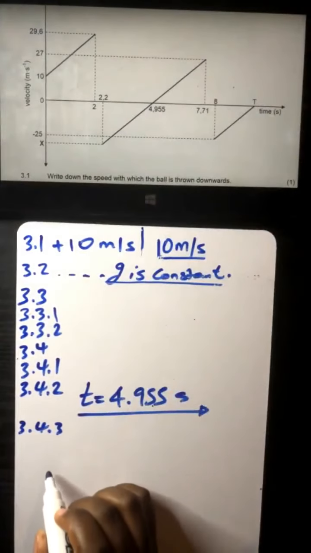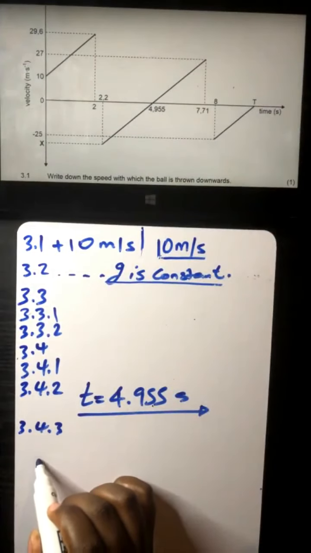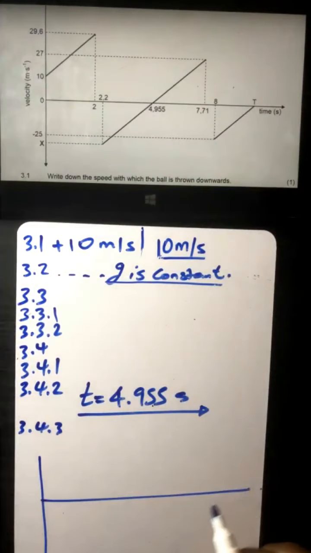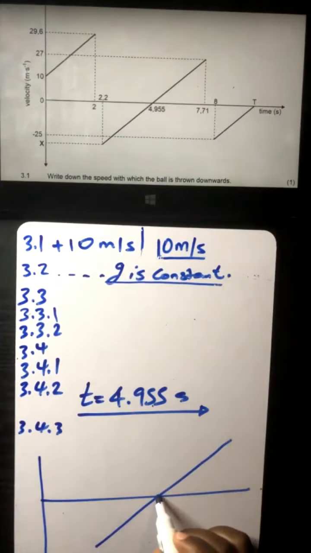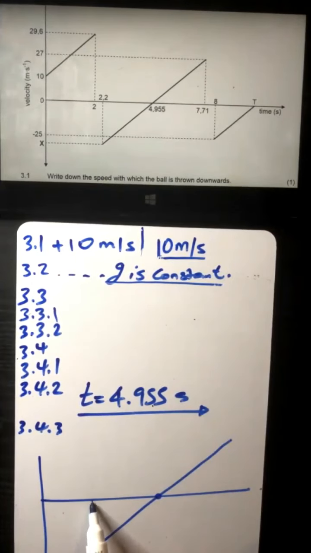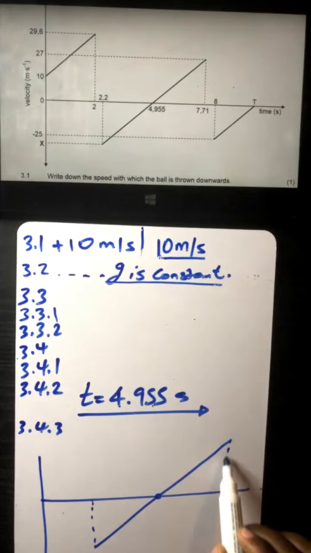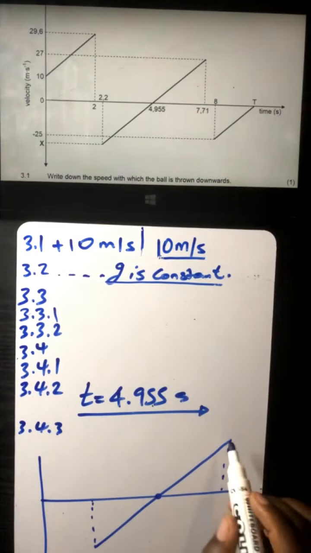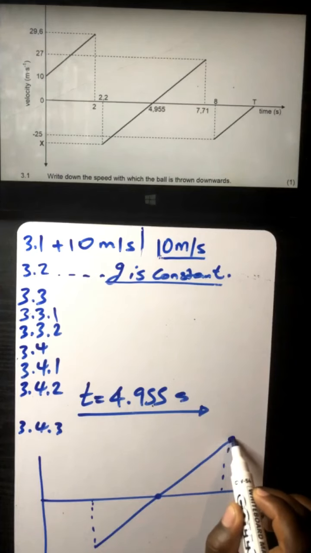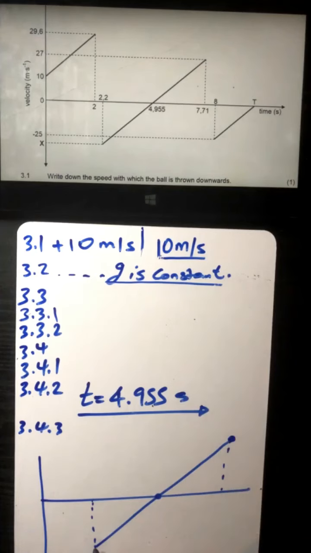Let me just try to redraw this graph, but only focus on this line. This is that time. I just want you to notice something, guys. This is the final velocity.